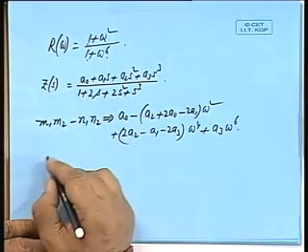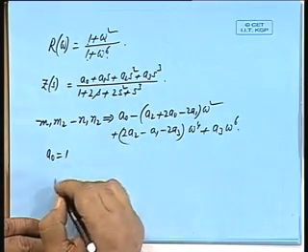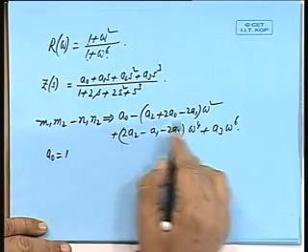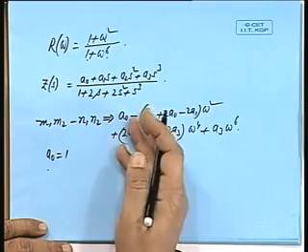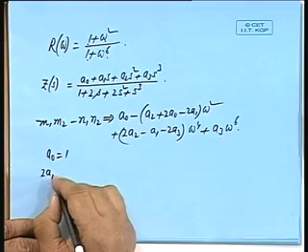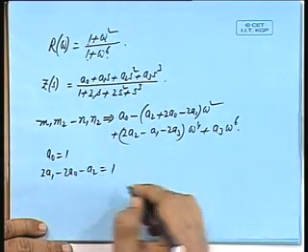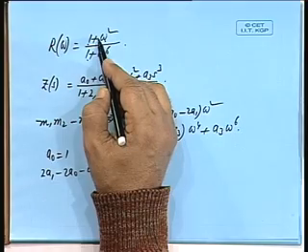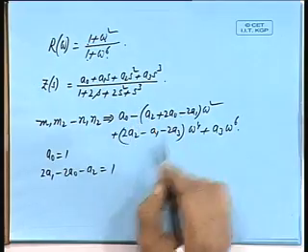So A0 is 1, then this one, this is minus, so if I reverse this, twice A1 minus twice A0 minus A2 is equal to 1, the coefficient of omega squared, okay, coefficient of omega square is 1, so I am equating this to 1.